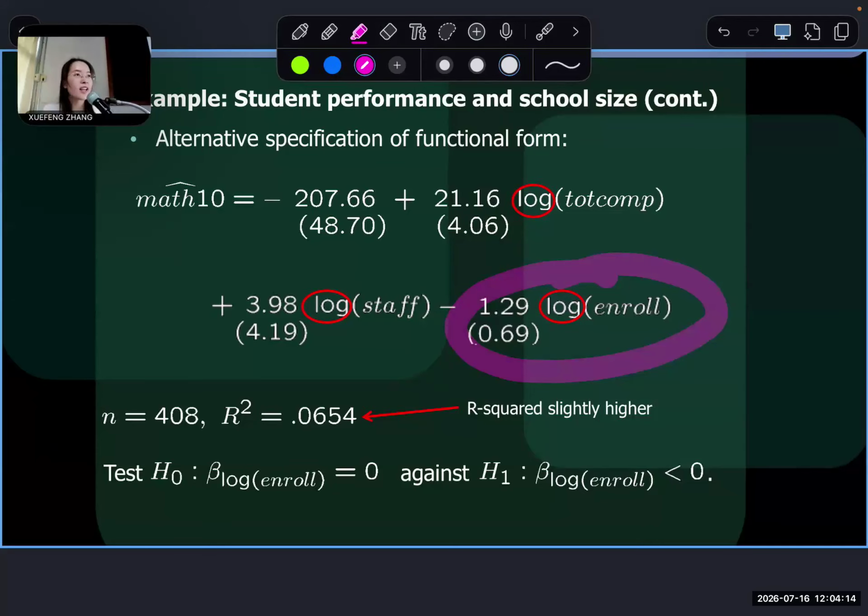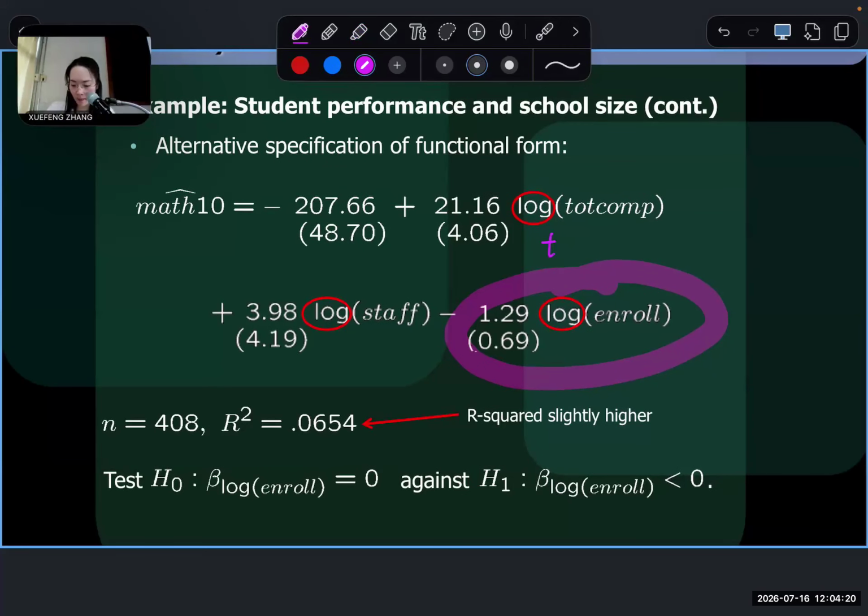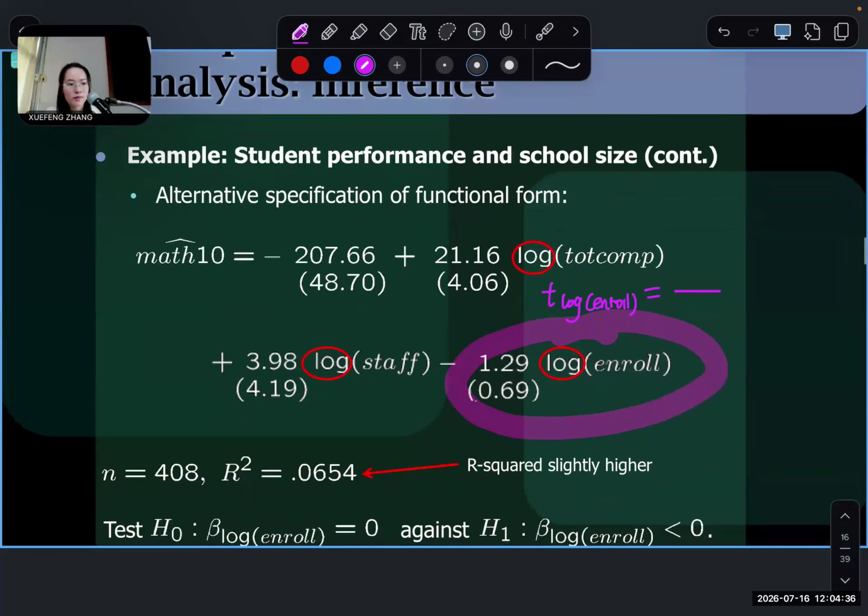Can you calculate the t ratio for log n rho? Please calculate. What is the t for log n rho? Here, you use which one divided by which one? Be careful about the sign, okay? And then you tell me what is your t ratio here.